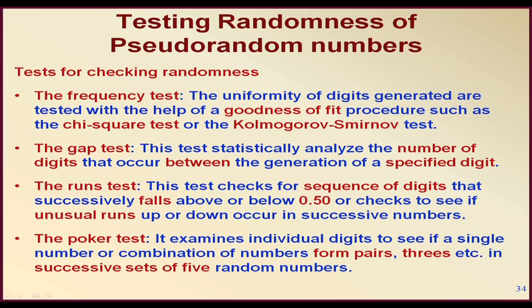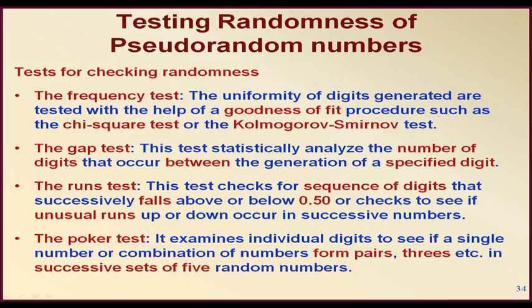Apart from the many tests that are possible, some tests are discussed here. 4 of them are on this page. The first one is called the frequency test. What is the frequency test? The uniformity of the digits generated is tested with the help of a goodness of fit procedure such as the chi-square test or the Kolmogorov-Smirnov test.